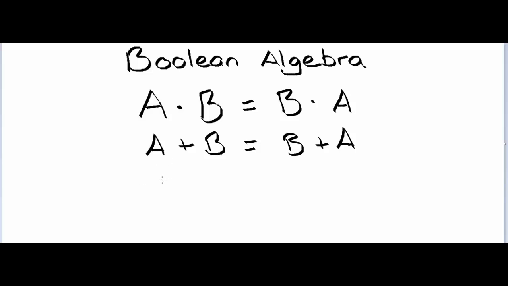If we say that A is 2 and B is 5, then 2 times 5 is the same as 5 times 2, which of course it is. They both equal 10. The same with plus. If we do 2 plus 5, it's always going to be the same as 5 plus 2. Always going to equal 7. So that rule kind of makes sense.